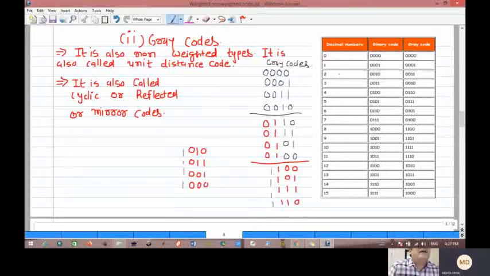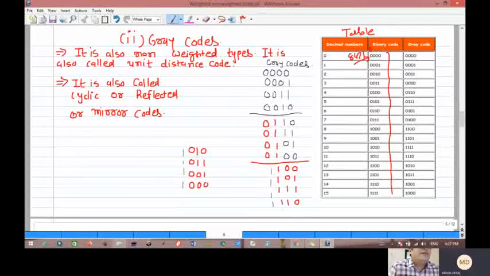First, let us understand it from this table, where the decimal 0 to 15 is given along with the 8421 binary code. This conversion we know, but when we observe the Gray code, how is it written?